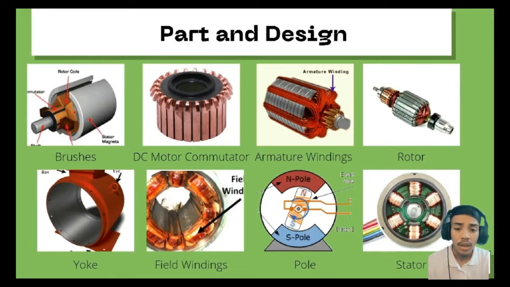Number four is the rotor. The dynamic part of a DC motor is the rotor that creates the mechanical rotation of the unit. And number five is the field windings. It is made with copper wire.